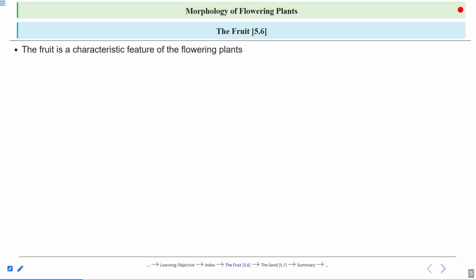First of all, we will discuss the fruits. So what are fruits? The fruit is a characteristic feature of the flowering plants. You see the formation of fruits in the angiosperms, that is, the flowering plants. Not in the gymnosperms, pteridophytes, bryophytes or algae.